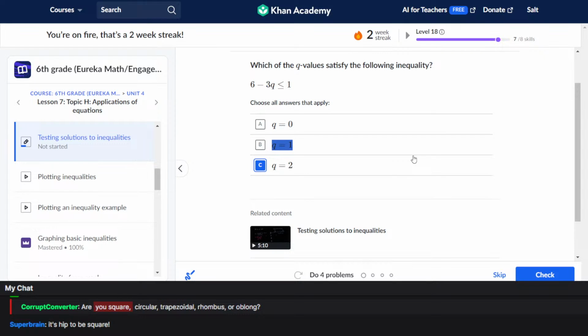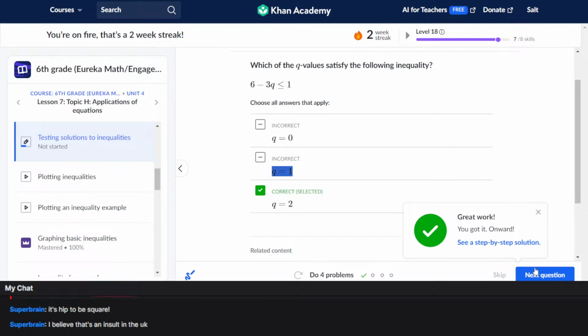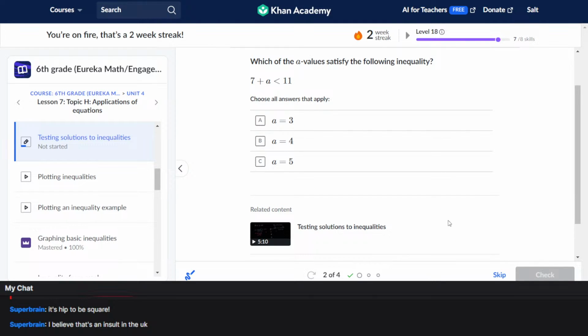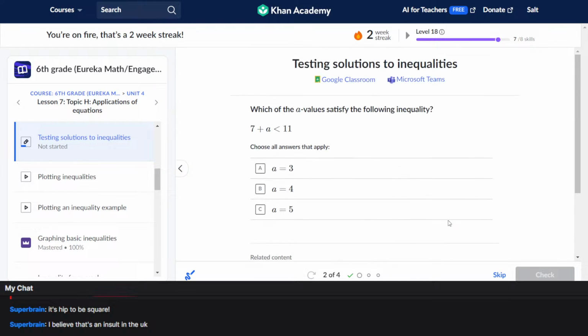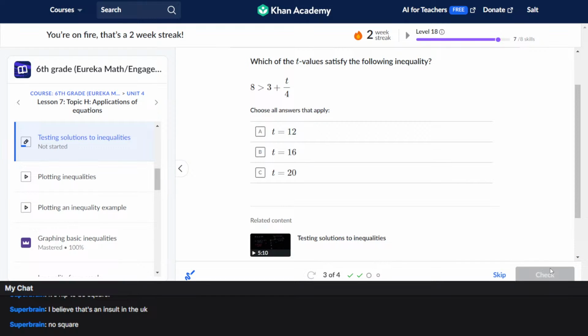Superbrain says it's hip to be square. To be square. Digits? Is an insult? Superbrain says I believe that's an insult in the UK. What? Like saying someone is a digit? What does that mean? Superbrain says no square. Oh, square.